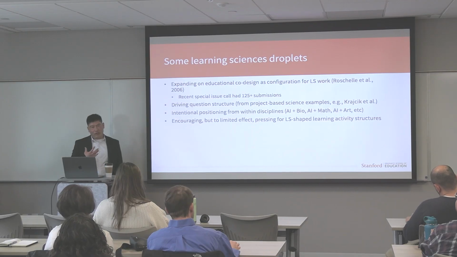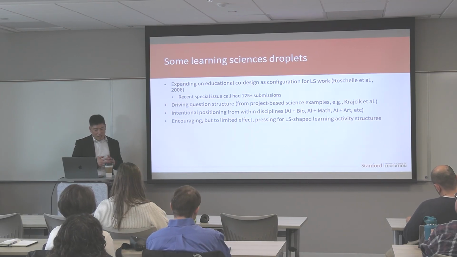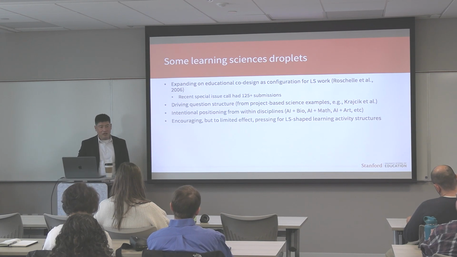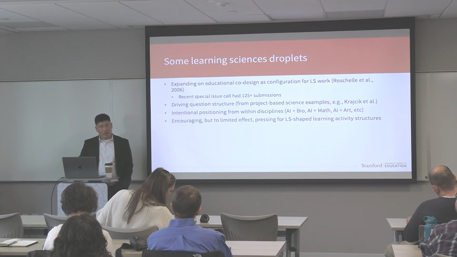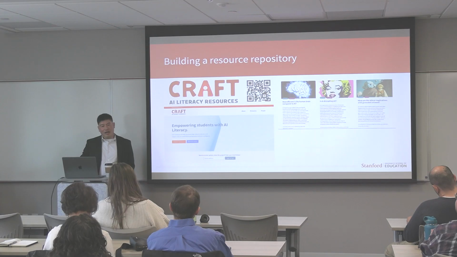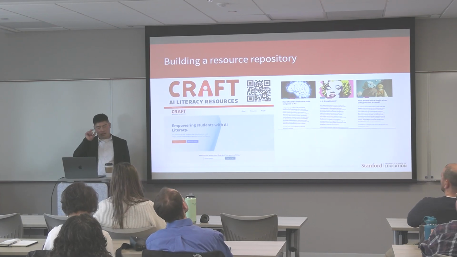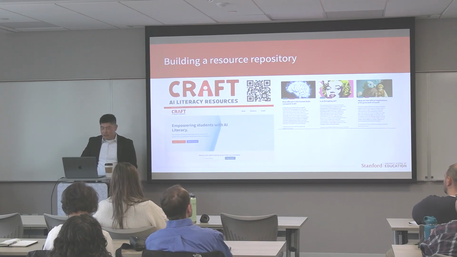So we encourage that when we work with teachers in co-design, but I think there's also this pragmatic attention to reality. Learning sciences shaped learning activity structures are hard and complex and I think worth doing, but there's still work to think about in terms of how to fully foster their implementation writ large in businesses.